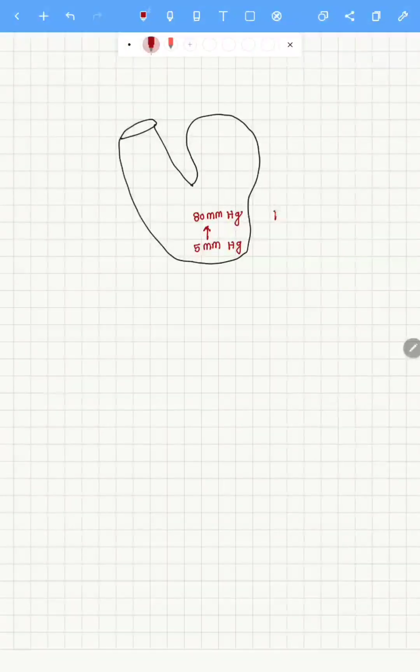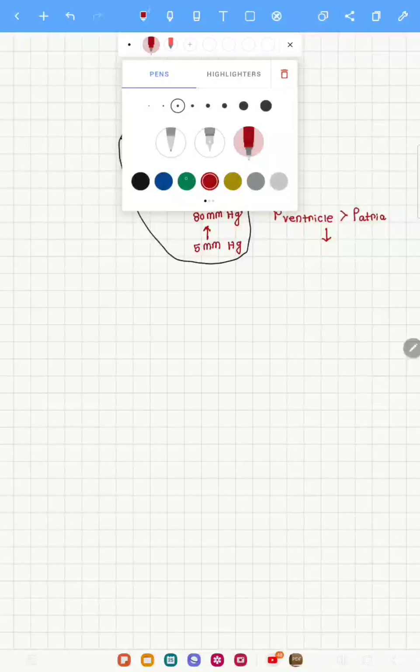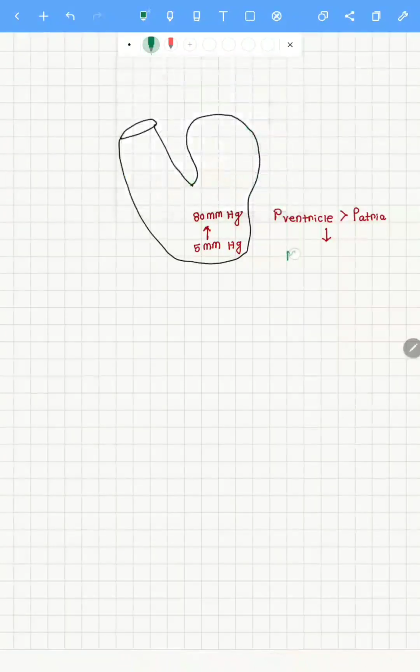Now, the pressure of ventricle is greater than the pressure of atria. As a result, what happens? The mitral valve closes. So we have a closed mitral valve.